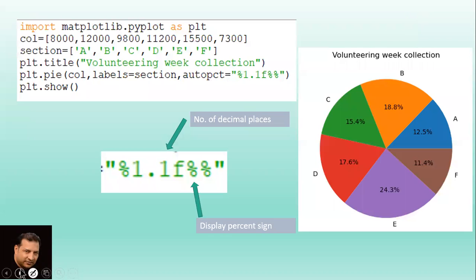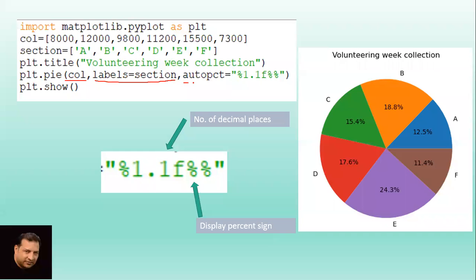So here we have an example. Then we will see details of autopct. Import matplotlib.pyplot as plt, collections, sorry, not columns, collections, plt.title, same title, then plt.pie, focus here, collection, comma, labels is equal to section.